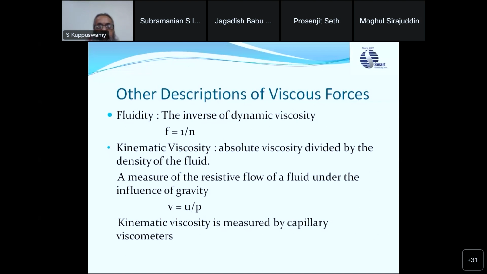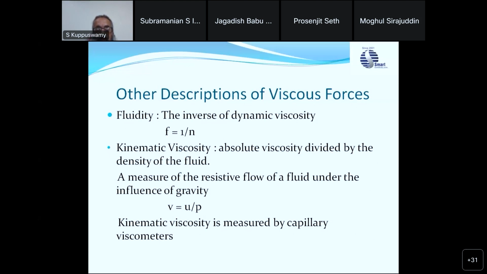Other descriptions of viscous forces: fluidity. It's the inverse of dynamic viscosity. F is equal to 1 by N, where N is viscosity. Kinematic viscosity is absolute viscosity divided by the density of the fluid, a measure of the resistive flow of fluid under the influence of gravity.